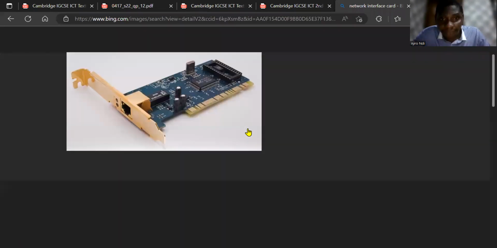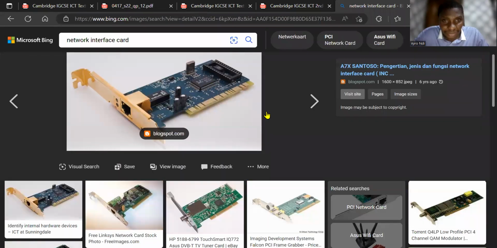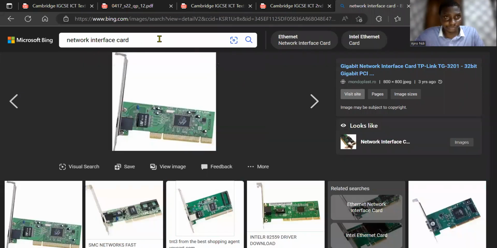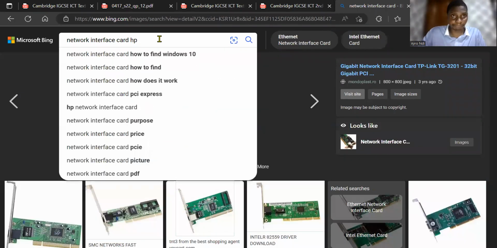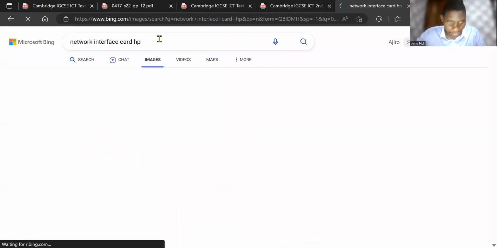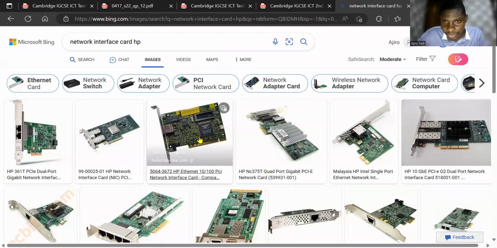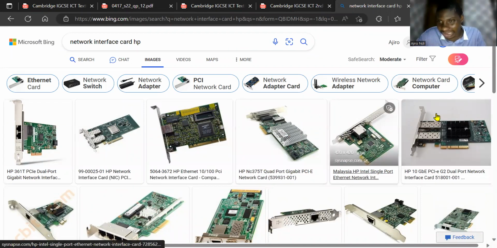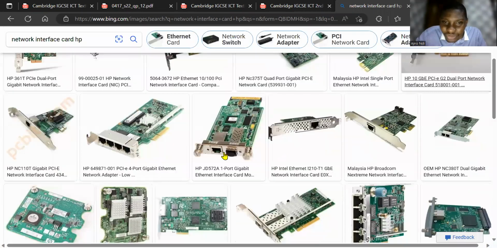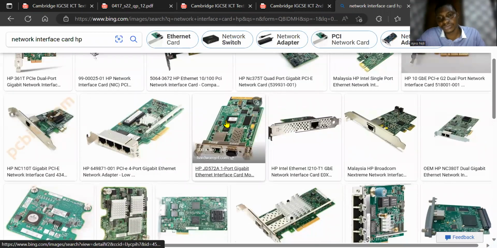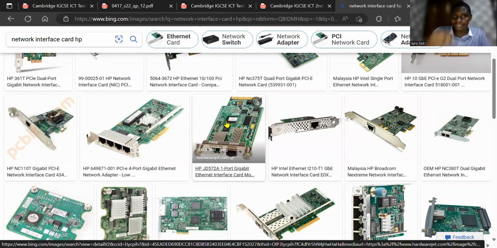But invariably, this piece right here is what allows you. Let me see HP. This is for HP. You can see how this one is very small. That's how the network interface card is. So it is inside your laptop. When I say internal, we talked about internal hardware components and external hardware components.